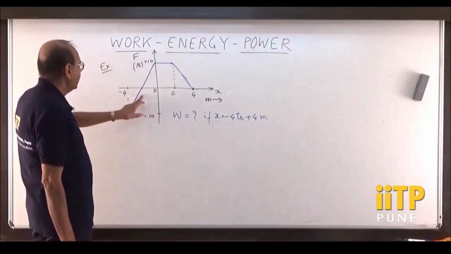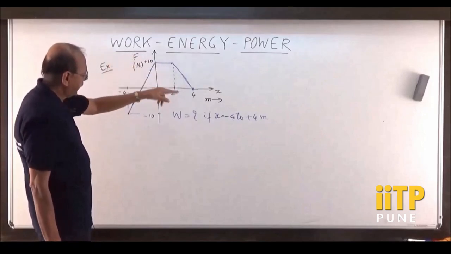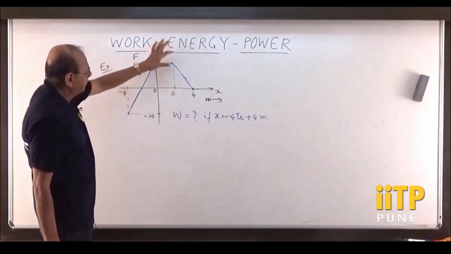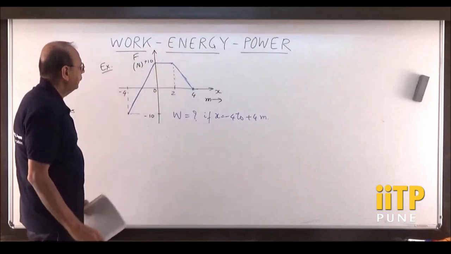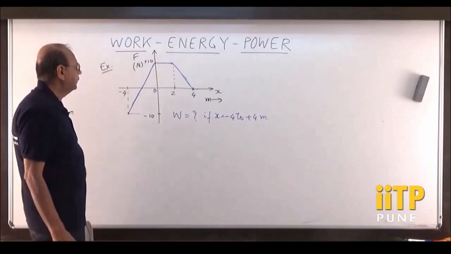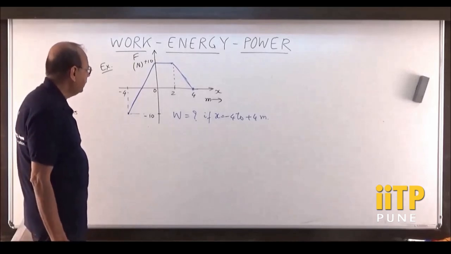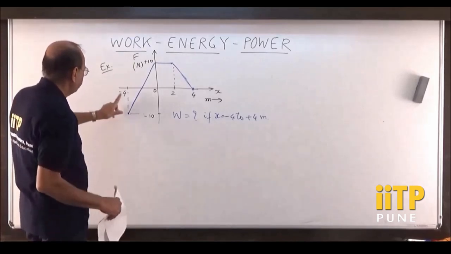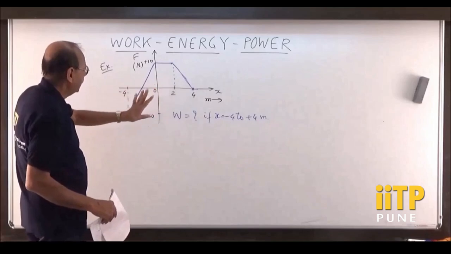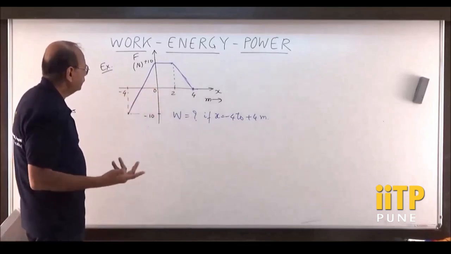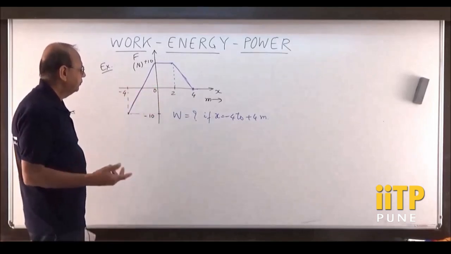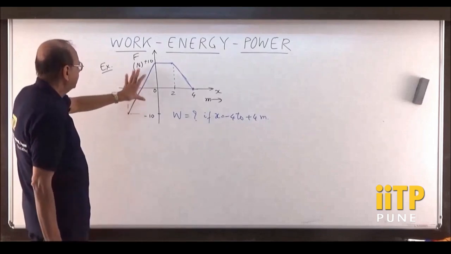Number 1, I can find an equation between f and x for this part, this part, and this part. For every part, I can say work done is the integral of f dot dx, and therefore we'll integrate from minus 4 to plus 4 ultimately. I will demonstrate all these methods one by one, but we'll do them part by part.